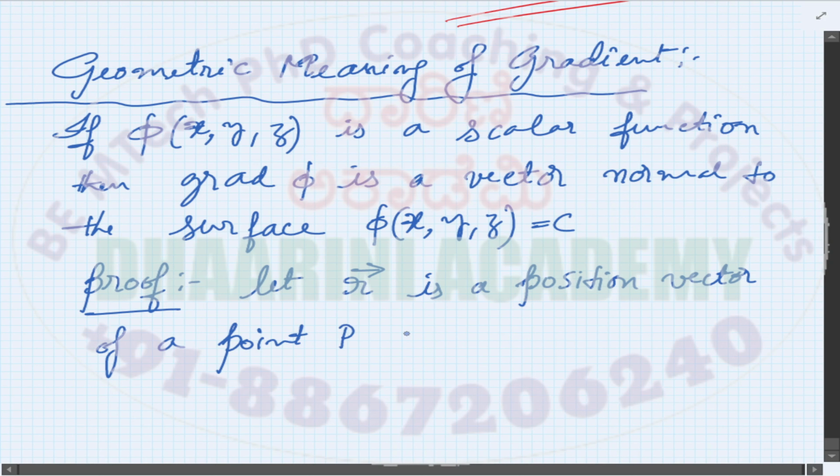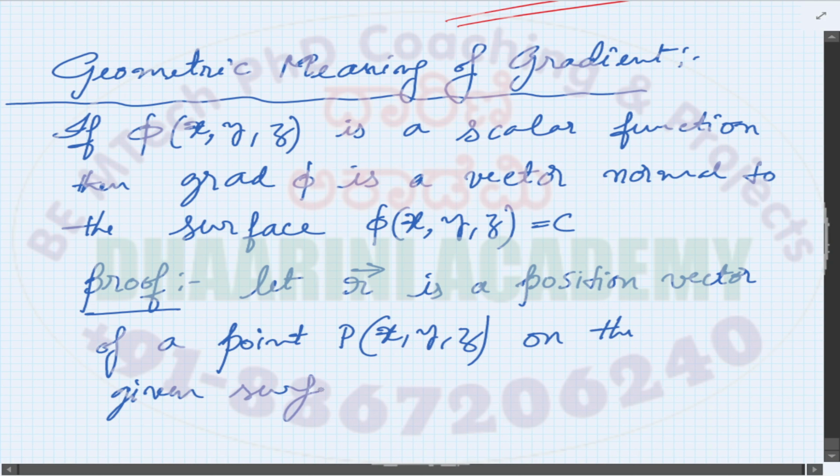The point is denoted by P(x, y, z), and this point is assumed to be present on the given surface.